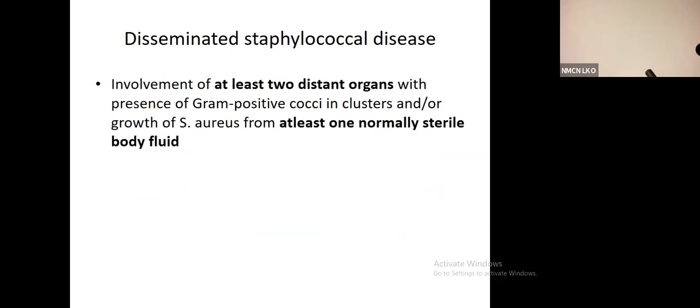Especially you drain one empyema, you drain the other side, you drain the pericardial, you drain the arthritis, you drain the myositis, and it just goes on and on and on. It's a battle between the interventional radiologist and you as a pediatrician. So it's a difficult disease to treat. Thank you.